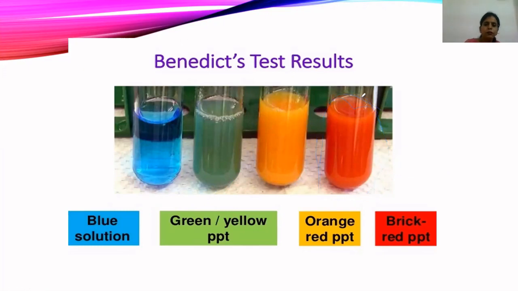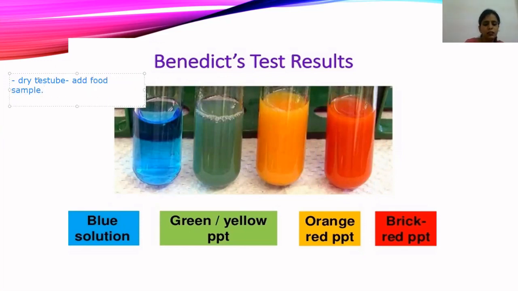Fine. Now we have discussed the procedure for testing for starch. We should also know the procedure for testing for reducing sugar. So this procedure is, you should take a clean and dry test tube. In that add 1 ml of food sample.